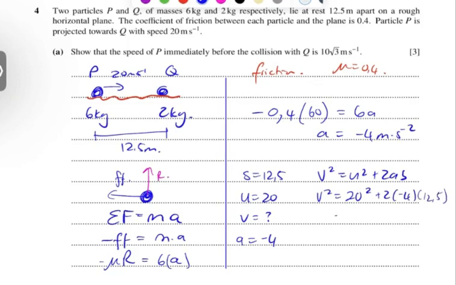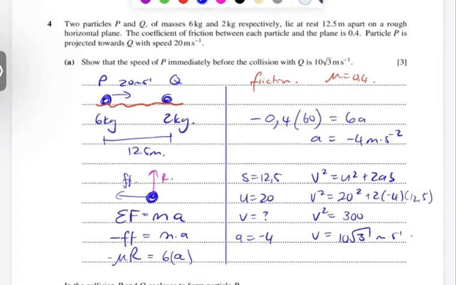So here I've got 20 squared plus 2 times -4 times 12.5. That gives me 300 for v squared. So when I root it, it's 10 root 3. And we're going to leave it like that because that's what they wanted us to prove.